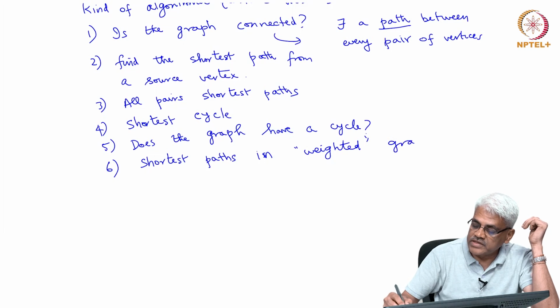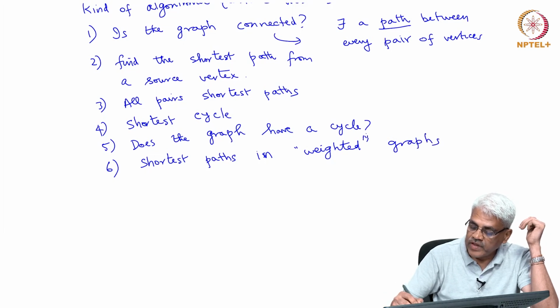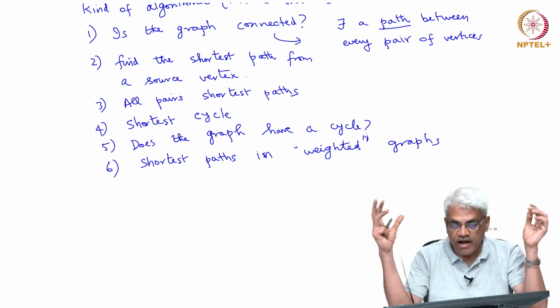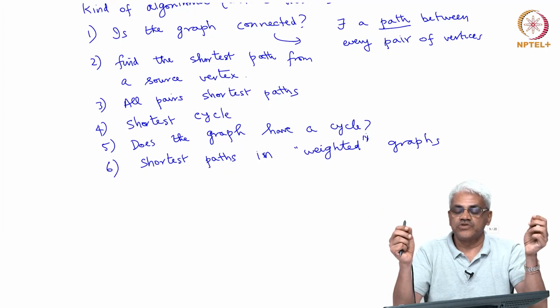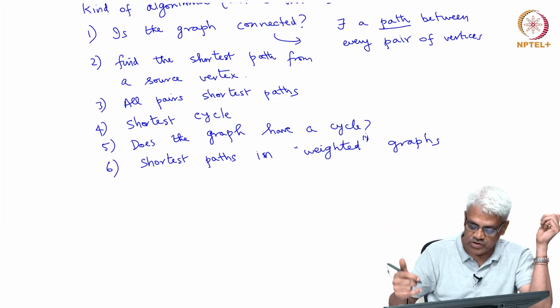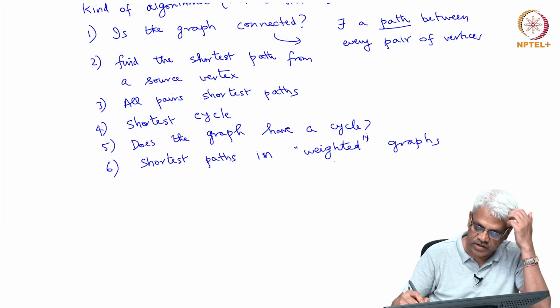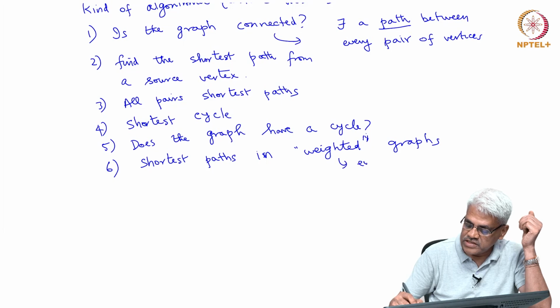What does that mean? It's again a graph, vertices and edges, but every edge now has a number, a distance associated with it, or maybe a cost associated with it, right? Shortest path in a weighted graph: every edge has a number, a weight.